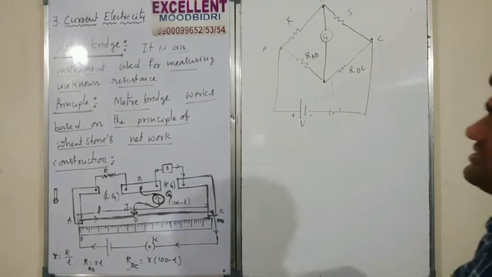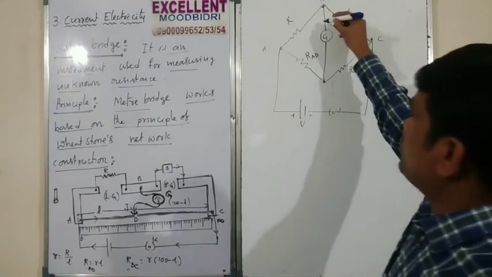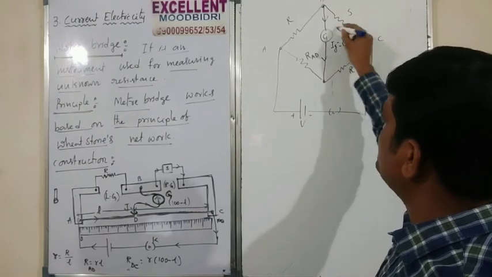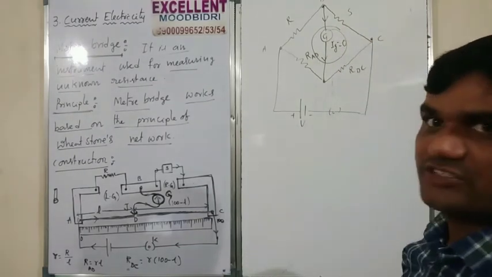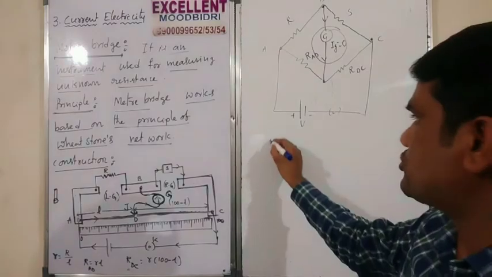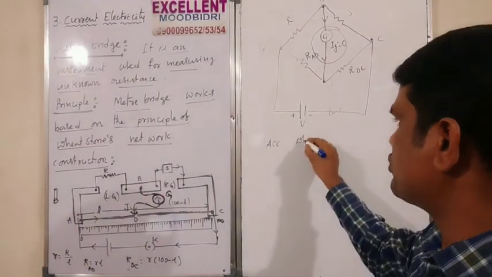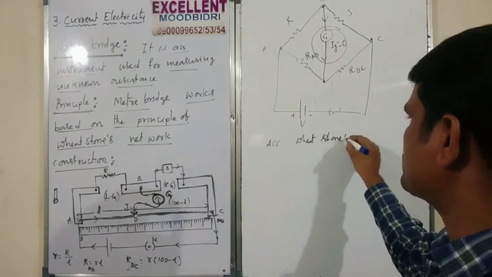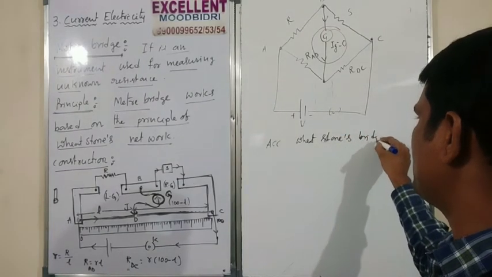So plus and minus. Through this direction, current Ig is equal to 0. Then the bridge is balanced. So according to the Wheatstone bridge, what is the formula?